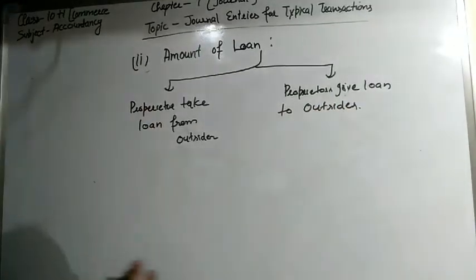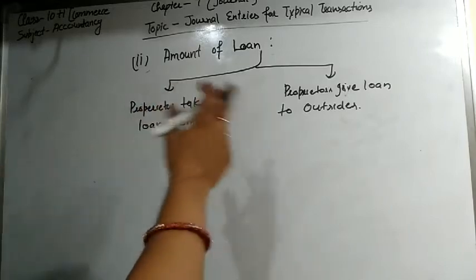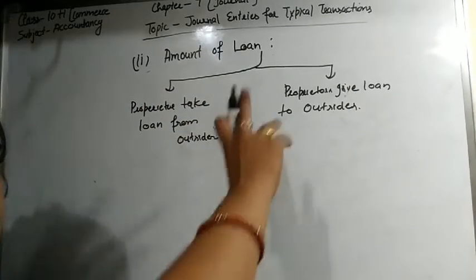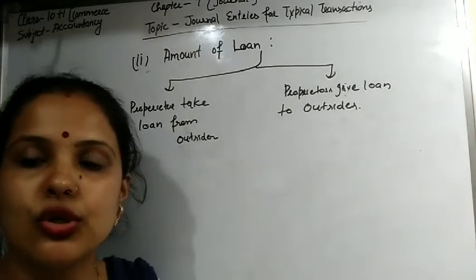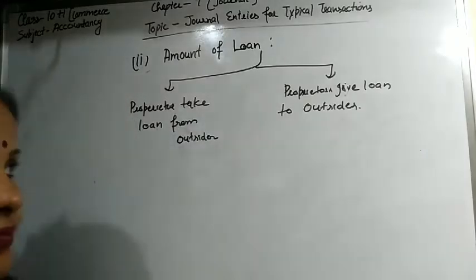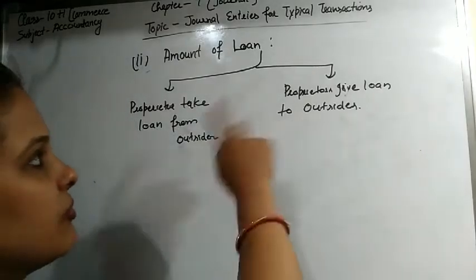So two conditions are clear. The transaction is related to amount of loan. In these two conditions, the journal entry would be different. So we will learn these one by one.